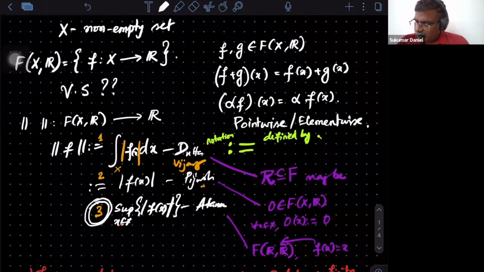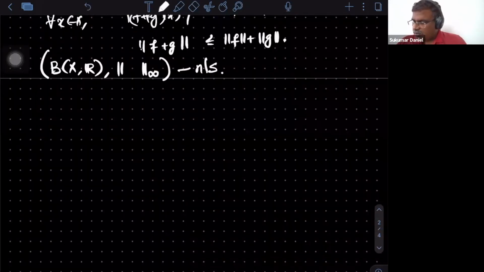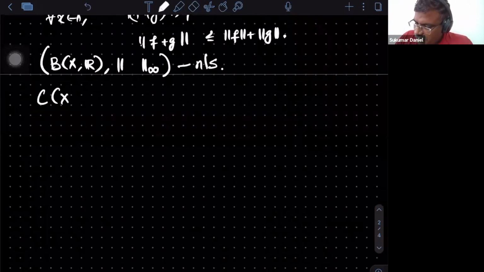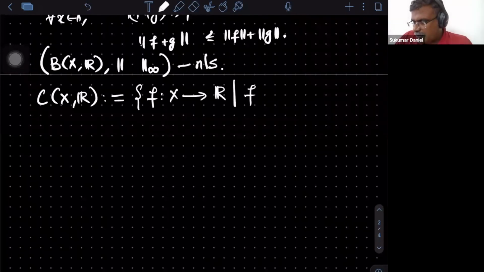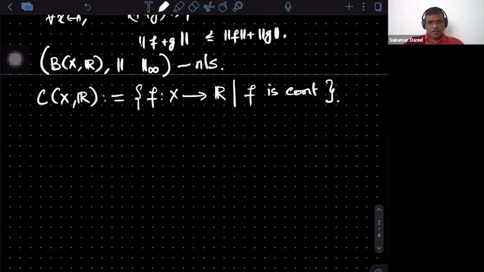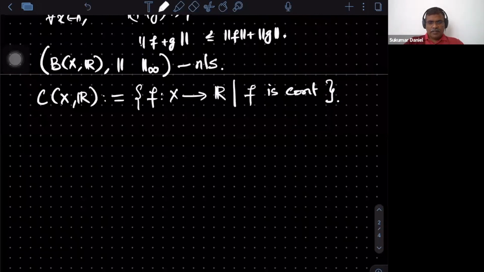Now quickly let me do this and then we can go for a break. Suppose I consider C(X,R), which is defined as the set of all functions from X to R such that f is continuous. So it is not just bounded functions, it is continuous functions. So always ask the question: is there an element in B(X,R) which is not in C(X,R), or is there any subset connection? That's an exercise that you can think about.